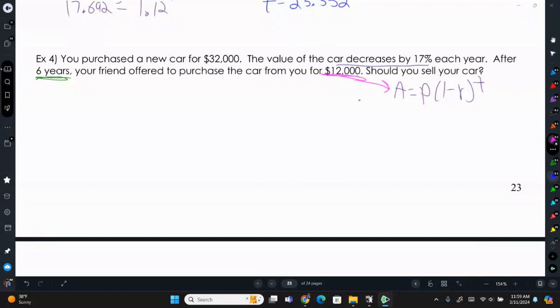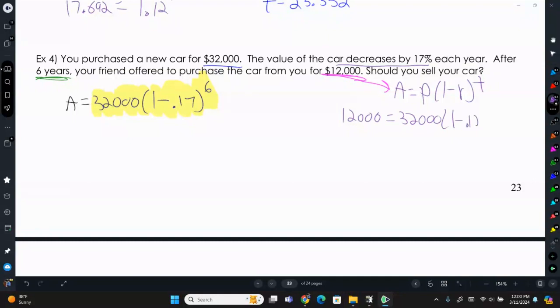I think it's easier to figure out how much the car will be worth in 6 years by doing this, because we can type all of this into the calculator all at once.